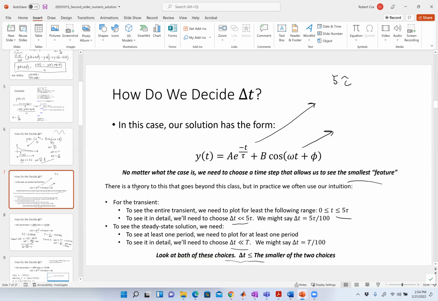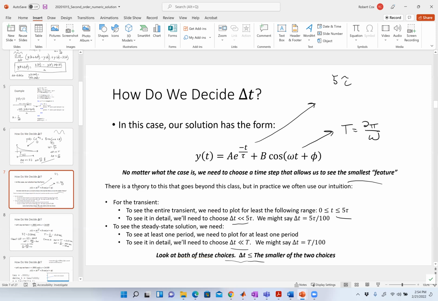To see that properly, what's the timing that controls that? What allows me to see a cosine properly? What key timing thing do I have about a cosine? Frequency, or the period. From a time perspective, it's the period, right? So T equals 2 pi over omega.